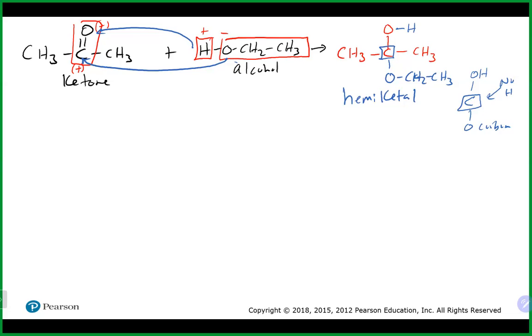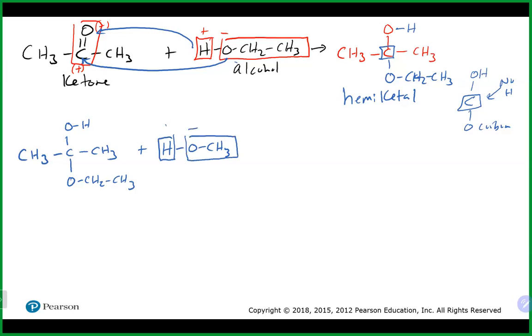And just like what we did with the aldehyde, if we were to add two alcohols to it, it would continue to react. So what would happen is our hemiketal would continue on, and we would add the second alcohol to it. And again, I'll use a smaller alcohol in this case. Why not? We'll just do that guy. And once again, we're going to make water in the second step here.